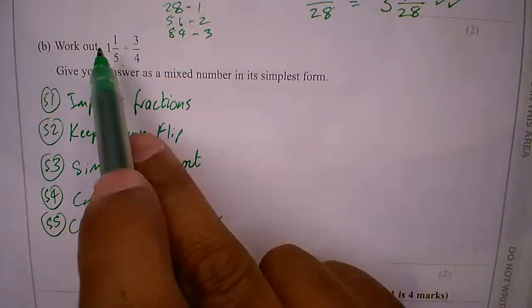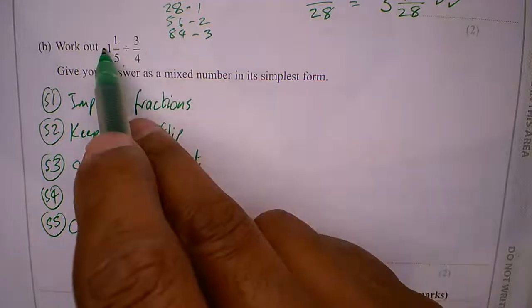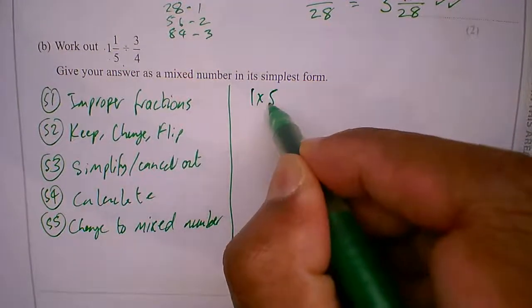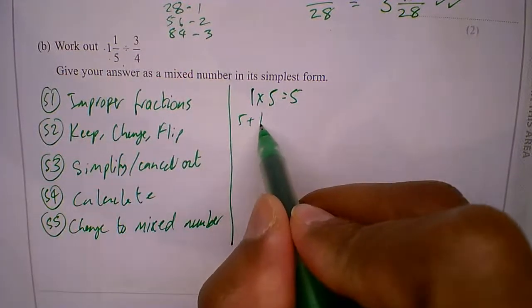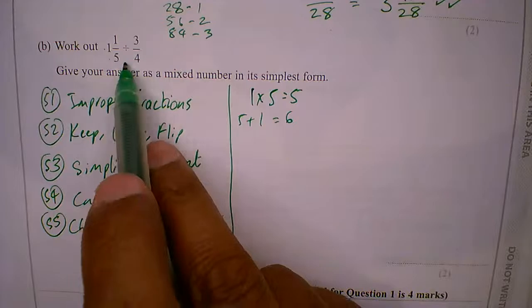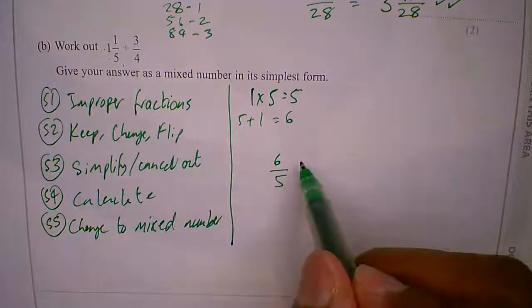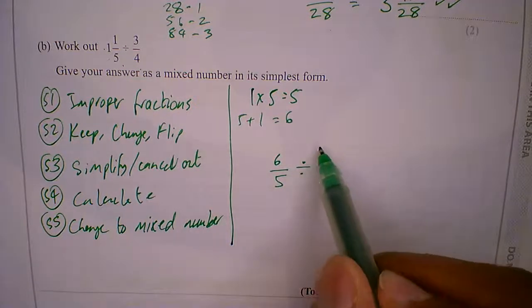So let's do this. So we've done this similar to what we did before. 1 times 5 equals 5. Add the numerator. 5 plus 1 equals 6. So this will become 6 over 5 divided by, my denominator is still 4, so 3 over 4.